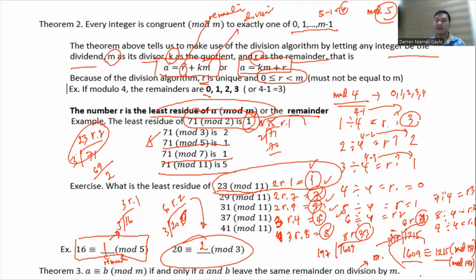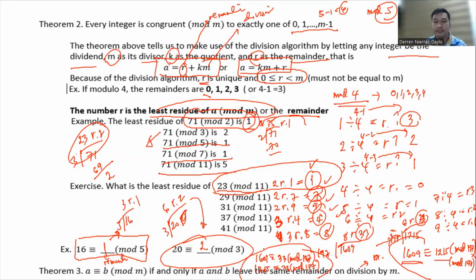So you can just write them like this. 1609 is congruent to 1215 modulo 197 because 1609 is congruent to 33 modulo 197 and 1215 is congruent to 33 modulo 197. They are the same. Did you get the point, guys?